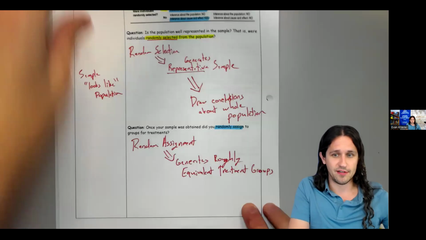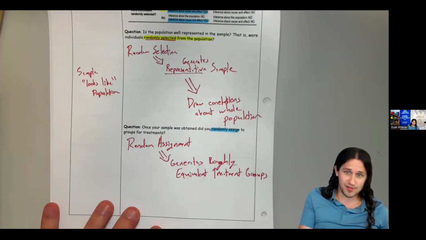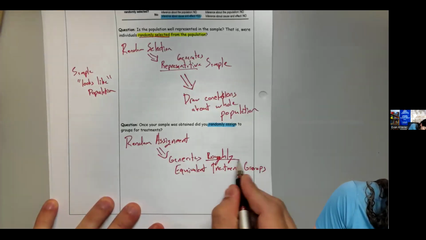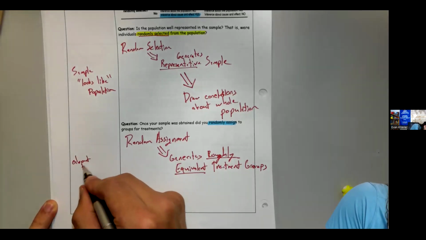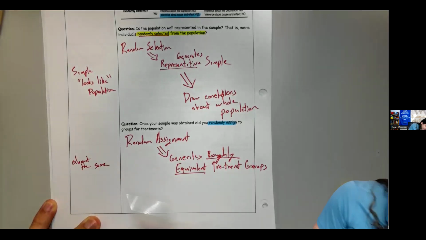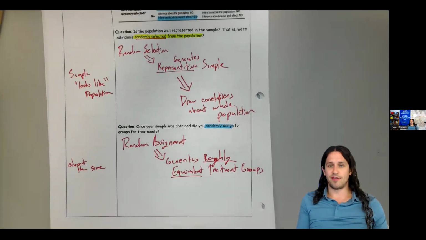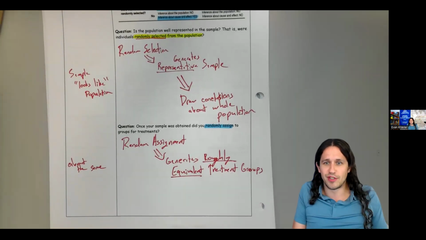Okay, well, what's the idea of roughly equivalent? They're about the same. Roughly equivalent just means about the same. So what's the idea why we want to get roughly equivalent treatment groups?